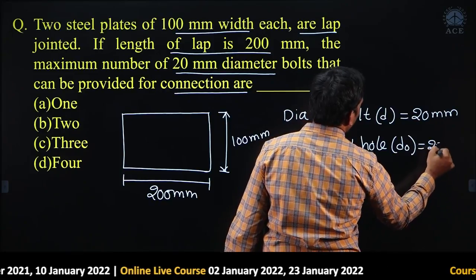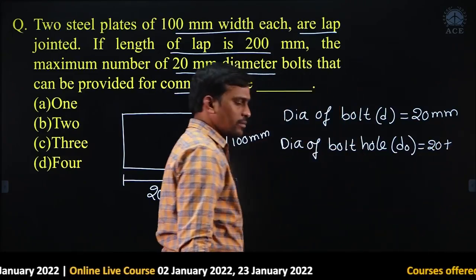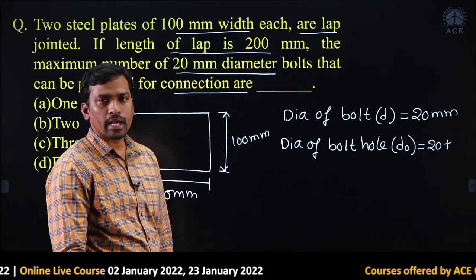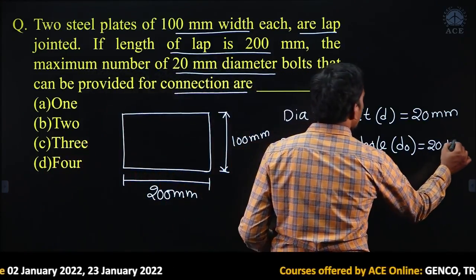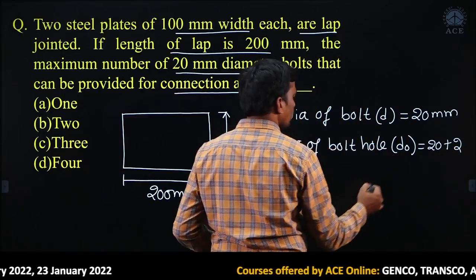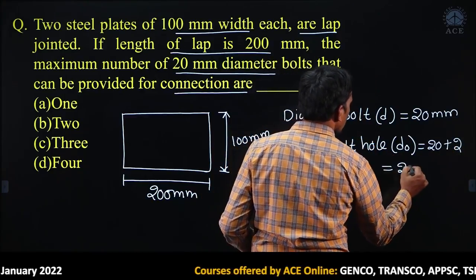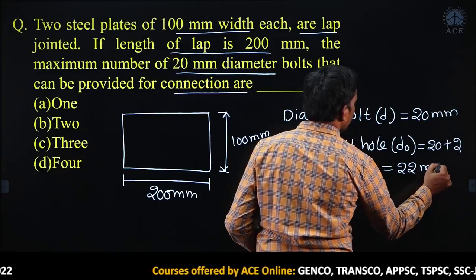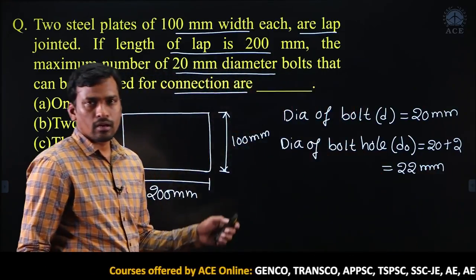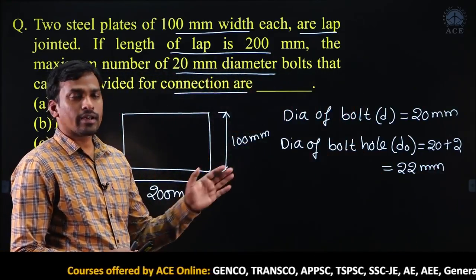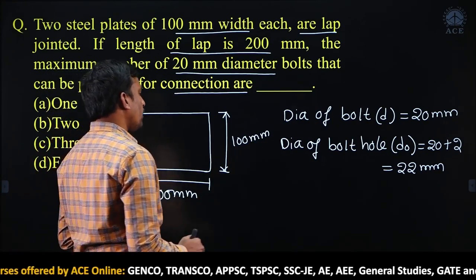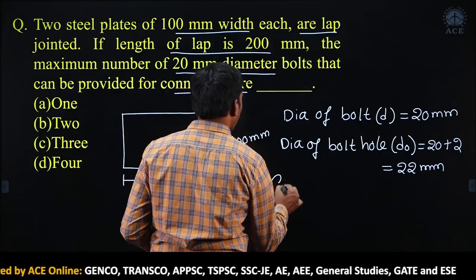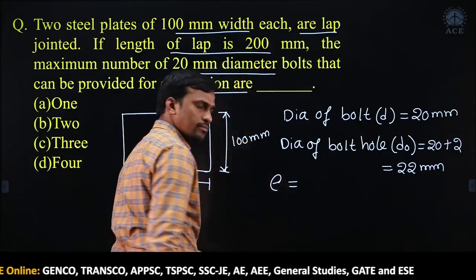For 20 mm nominal dia of bolt, how much clearance do we have to consider? Extra we have to consider 2 mm, right? Then this is 22 mm. Yes or no? For 20 mm nominal dia of bolt, we consider a clearance of 2 mm.